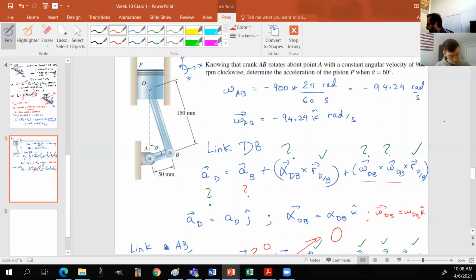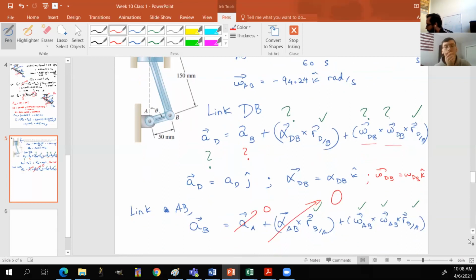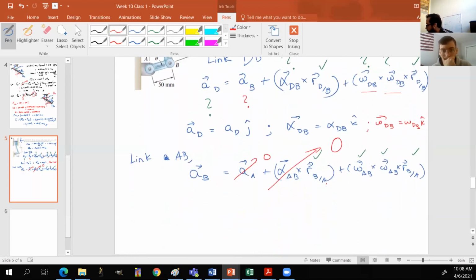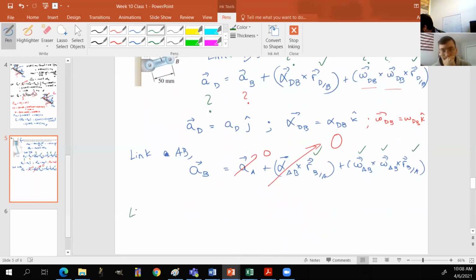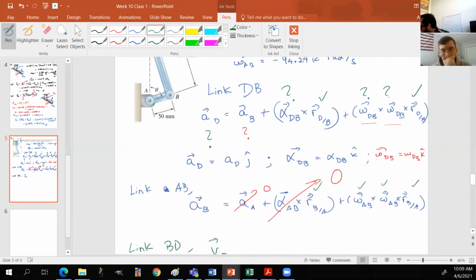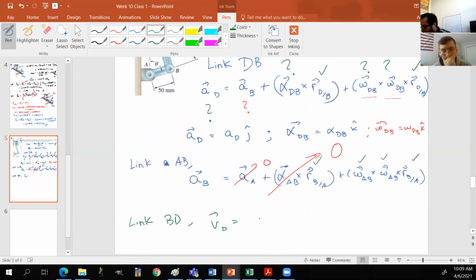All right, because I can say that for link BD, the velocity of point D is equal to the velocity of point B. And this is the problem we solved last week, right? So velocity of point D is equal to the velocity of point B plus omega DB crossed with R of D relative to B, right?